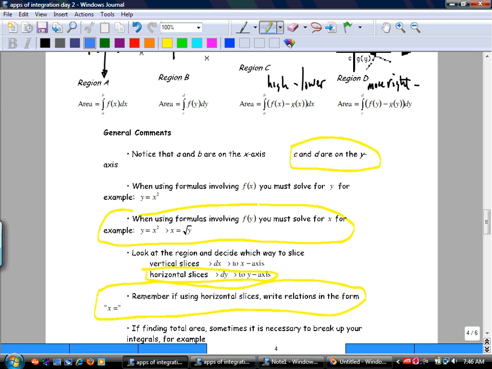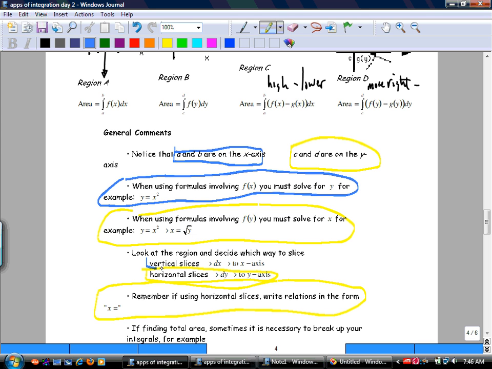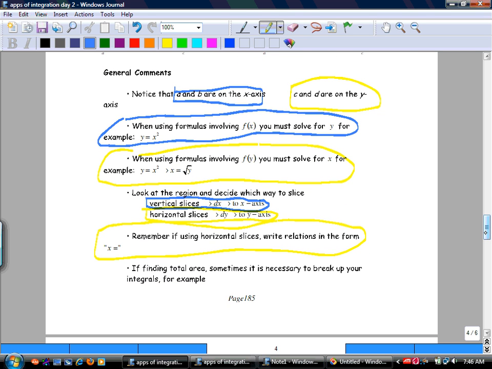Notice A and B on their x-axis. You know, I don't know. You start doing it and it'll happen.